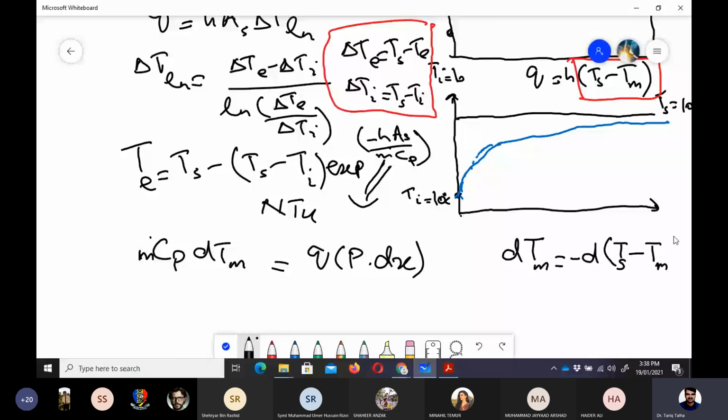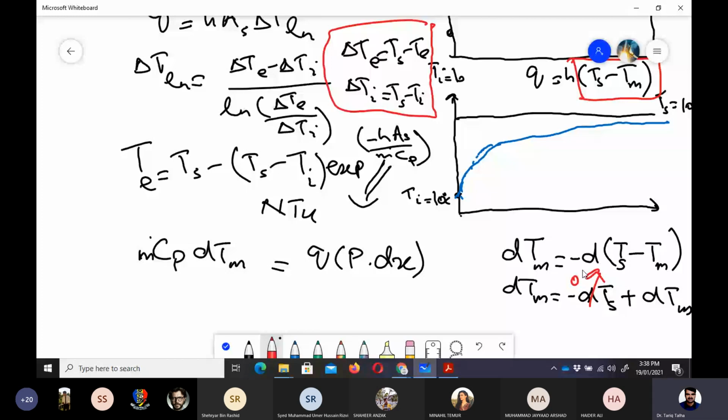No, sir. Because you can see that it would be equal to minus dTs plus dTm. No, because there is constant surface temperature, so this first term would always be equal to 0 for this boundary condition. So we can easily see that this would be true for this case, right?